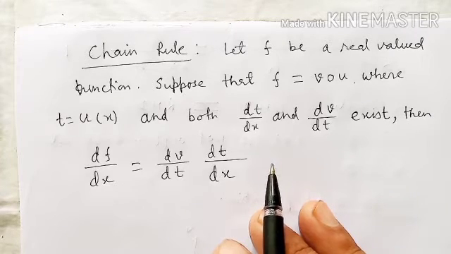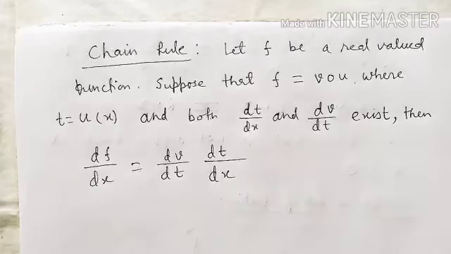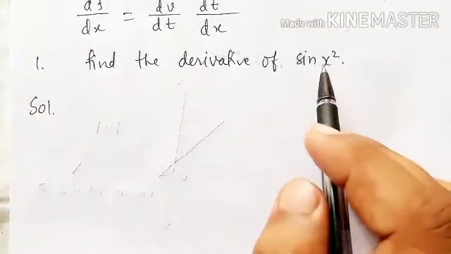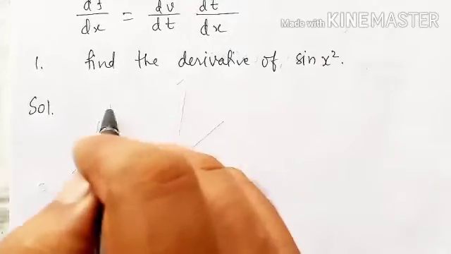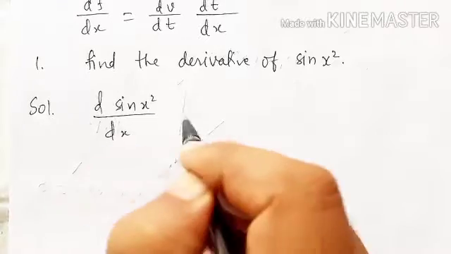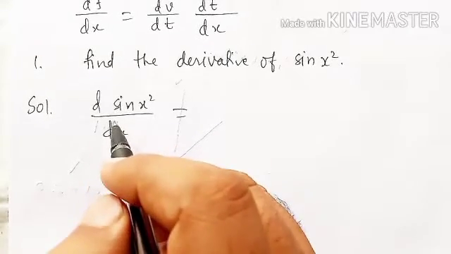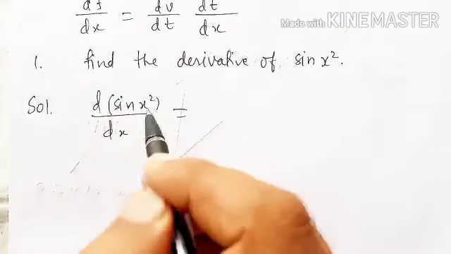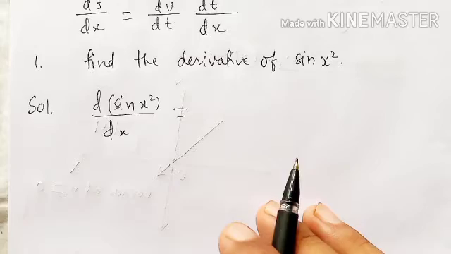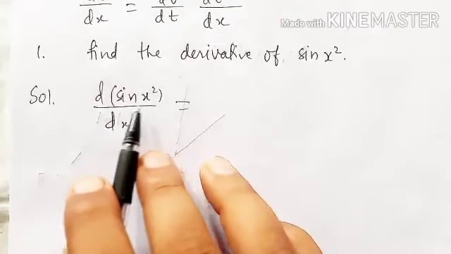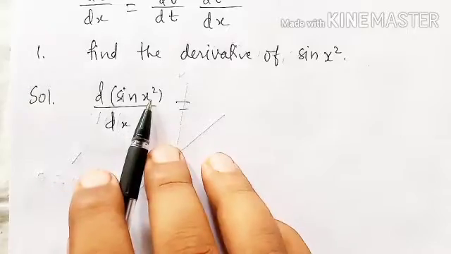Let us do a problem. Find the derivative of sin x square. See here, this sin x square, what is it read? Sin of x square. So it is a function of x square.